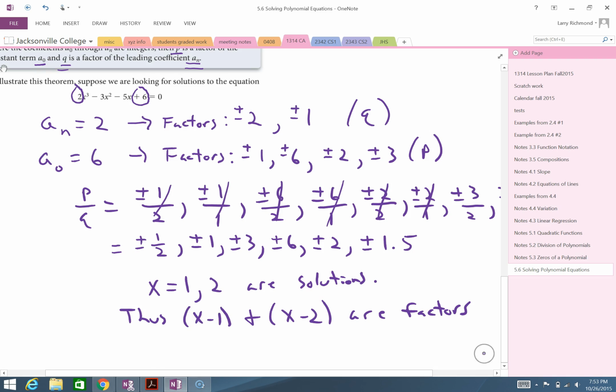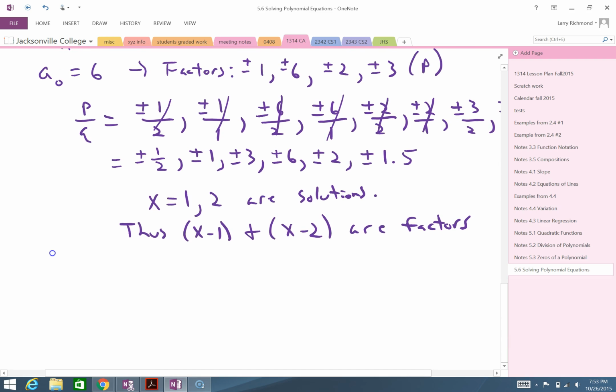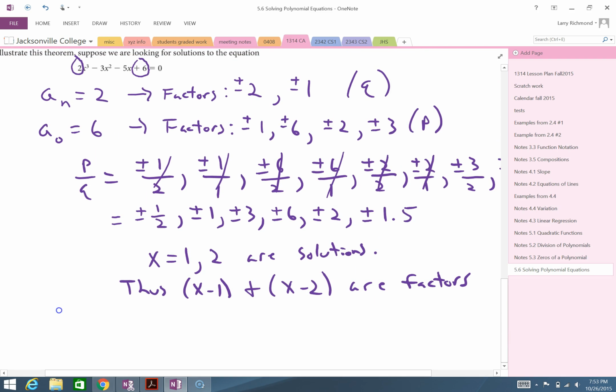So I'm going to take my polynomial, 2x cubed minus 3x squared minus 5x plus 6, and I'm going to divide by x minus 1.